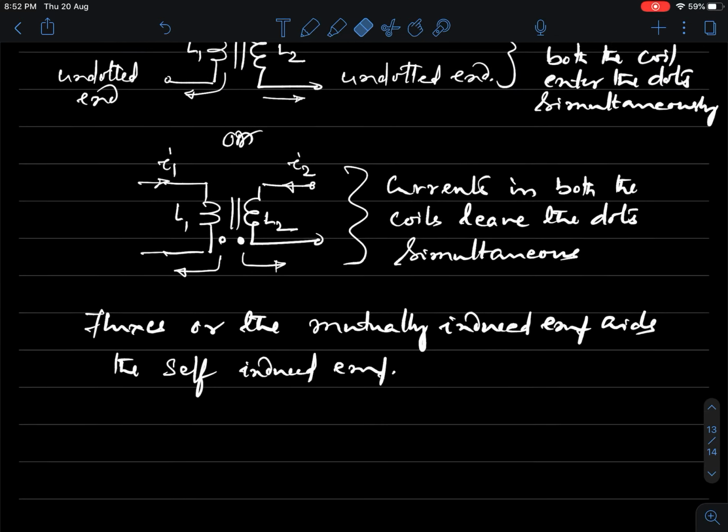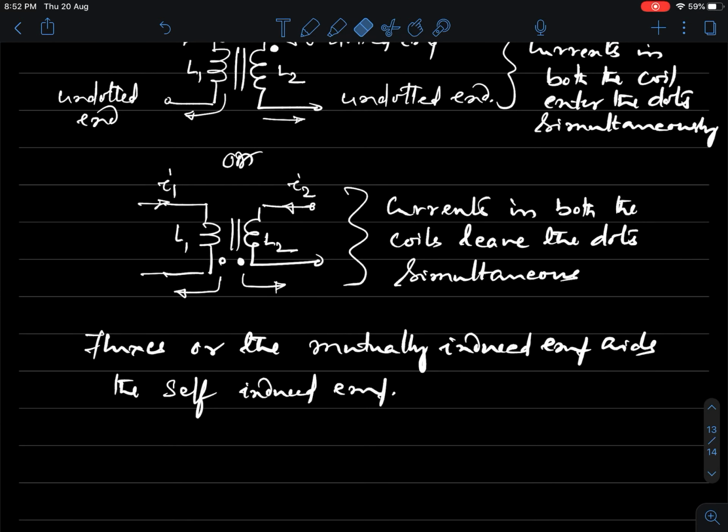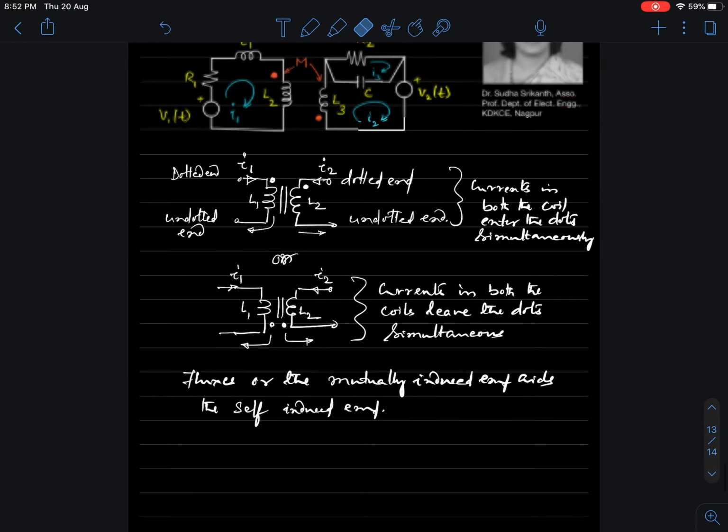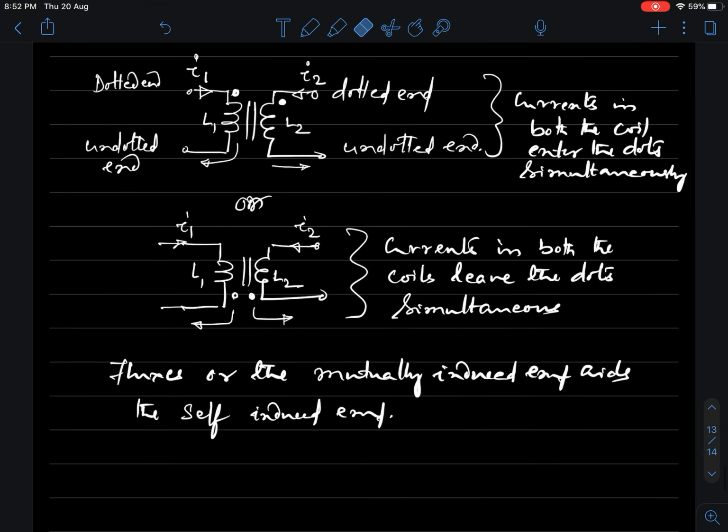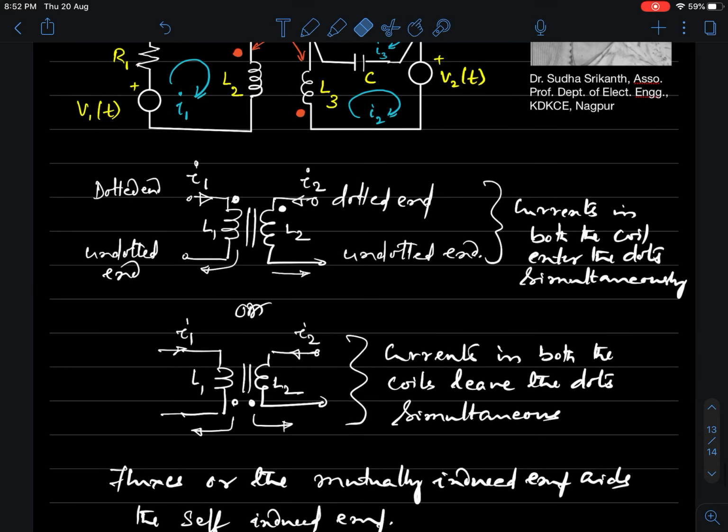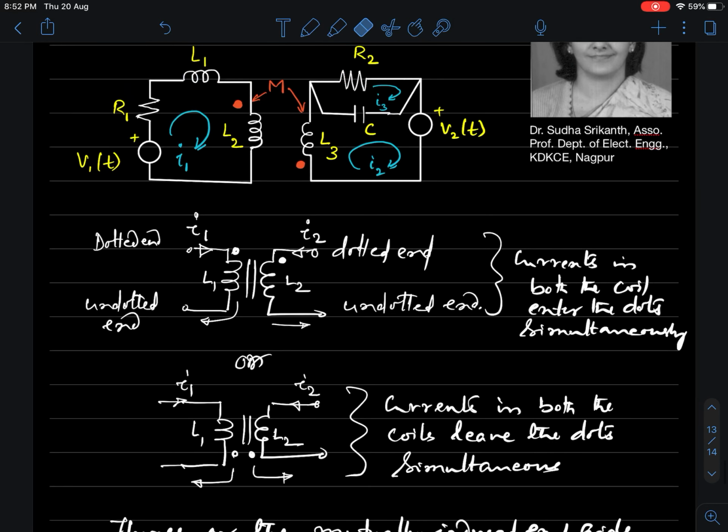Now, if we have to understand this a little more precisely, how do we exactly understand it? When the current enters the dot in one of the coils, it produces an EMF which is positive at the dot of the other coil.